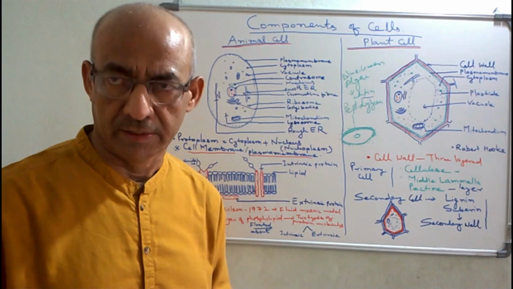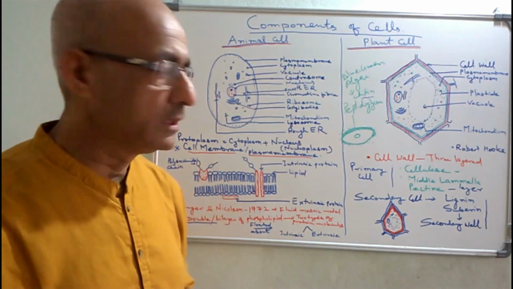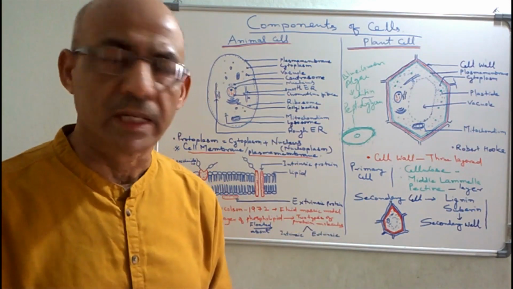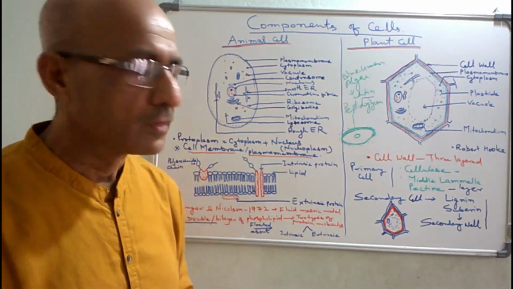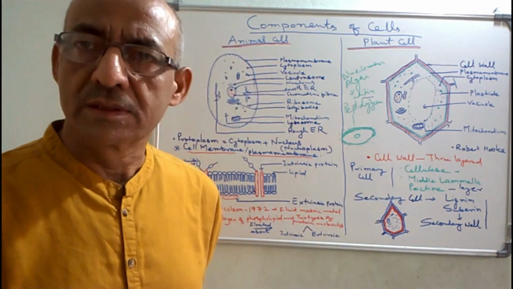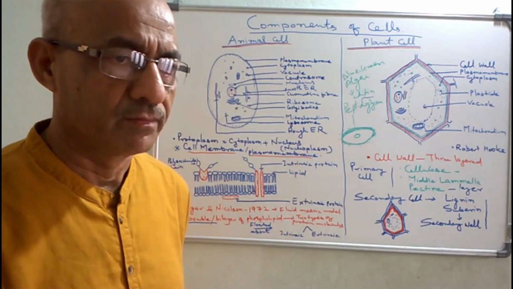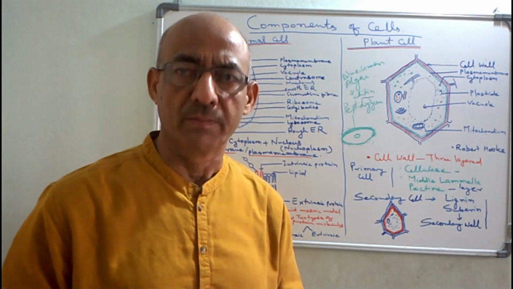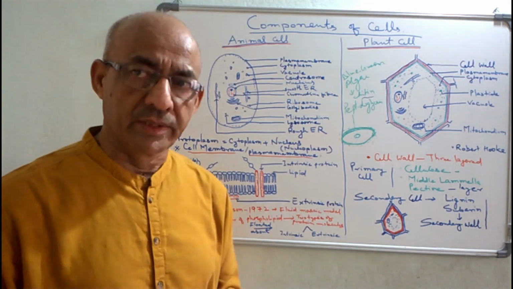They can divide. Actually, they are meristematic cells. They are found in the apical region and peripheral region also. Their cell wall is thin, not so thick, and this serves as a freely permeable membrane. They are not selective.